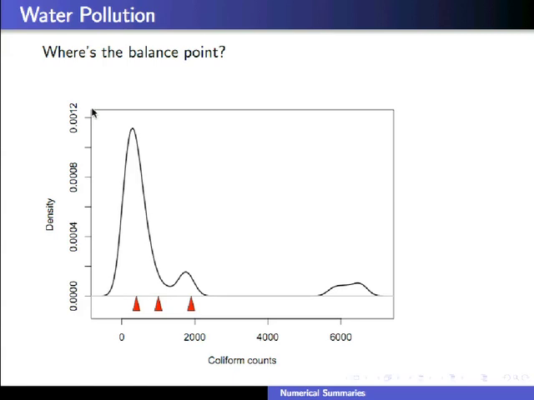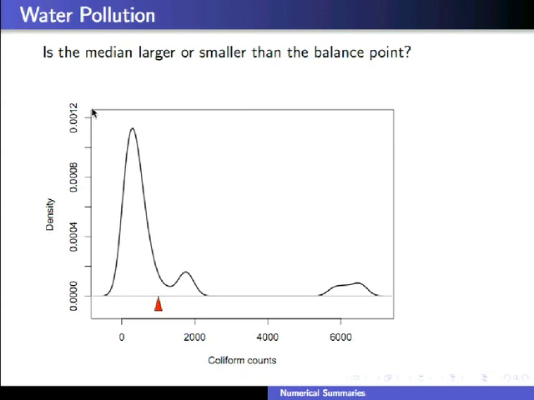You think it's the middle one? What value do you think that might be, roughly? 1,000. It is exactly 1,000. The one on the left is 400, and the one on the right is 1,800. And in fact, it is 1,000. That's the balance point. Notice how those very large values around 6,000 are pulling the mean out so that you can still balance.